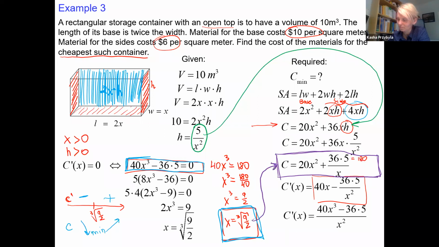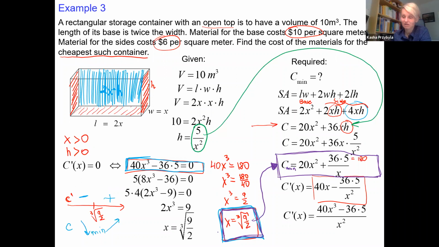That's too crazy because we don't like the x value. That means this will be the minimum cost if x is cube root of 9 over 2. But we will just give the x value, the width. And 2 times that x value will be the length. And of course, we don't even want to calculate the height. If I would like to ask this question, I will only ask for x.